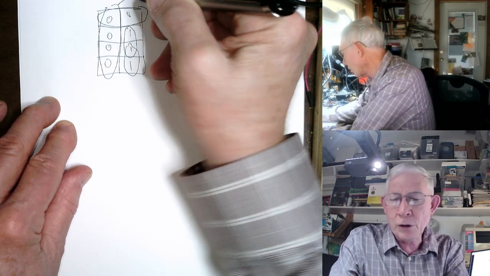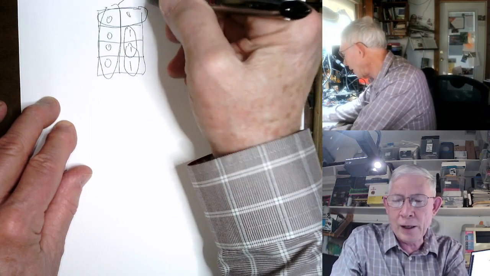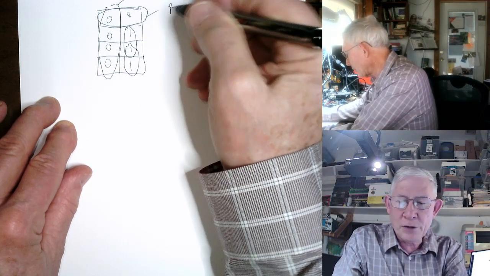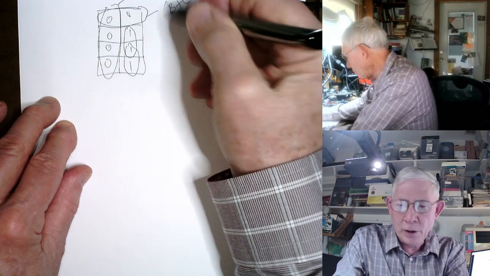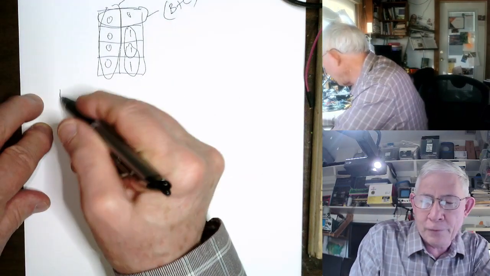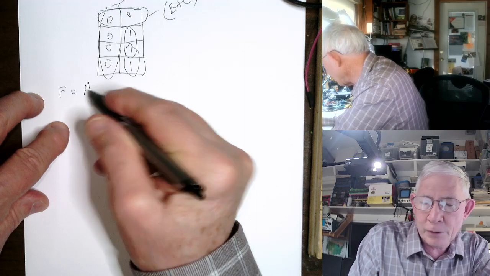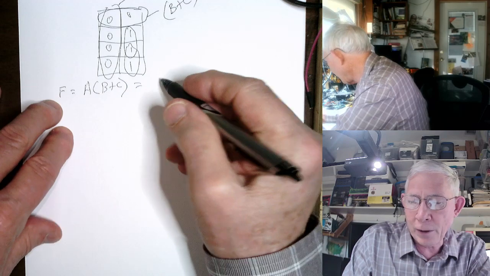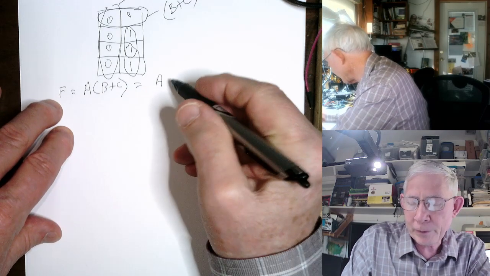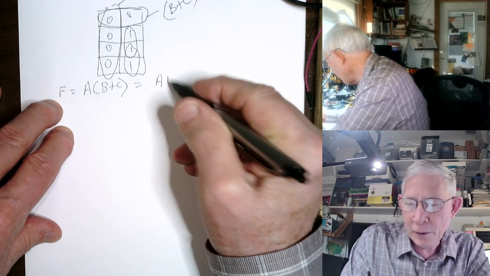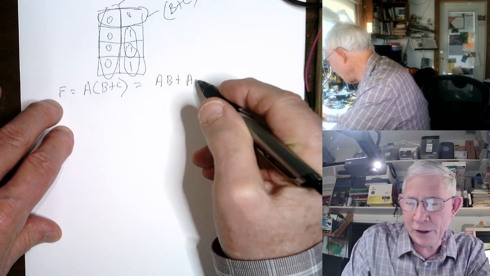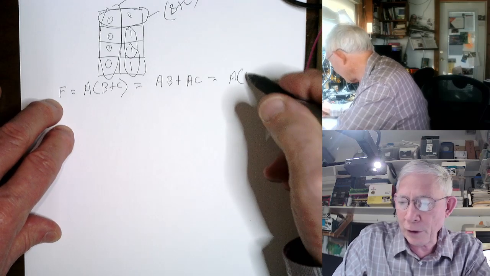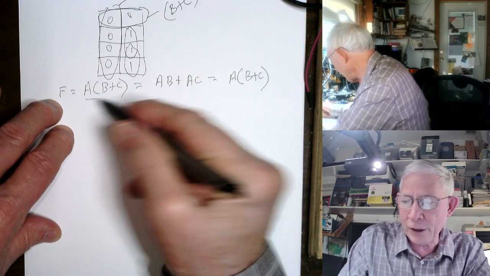So this one just resolves to A, and this one resolves to B plus C quantity. So our max term solution, F equals A times B plus C, and our min-term solution is AB plus AC. And of course we can factor the A out, so that would be A times B plus C, and now you can see we're back to the POS solution.